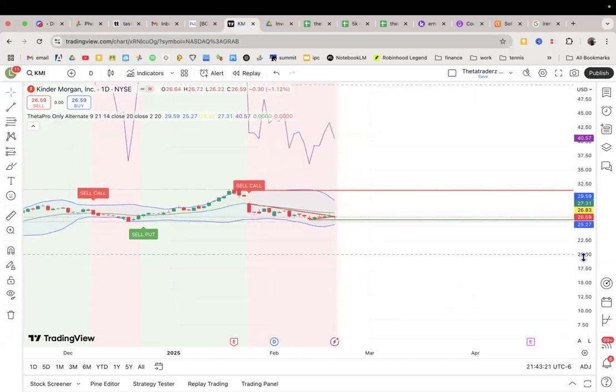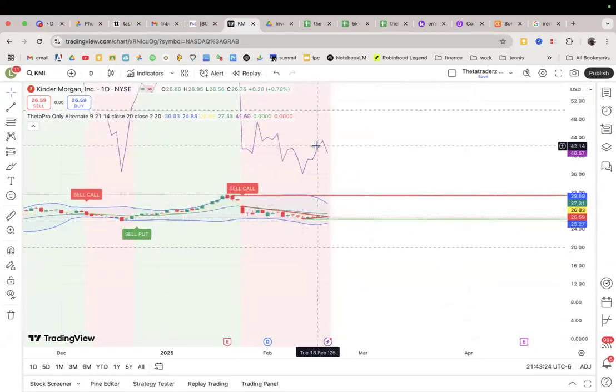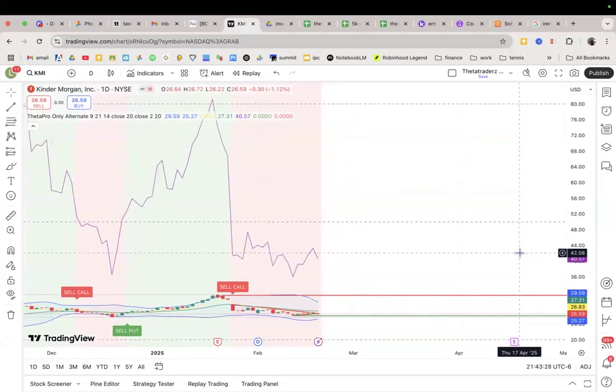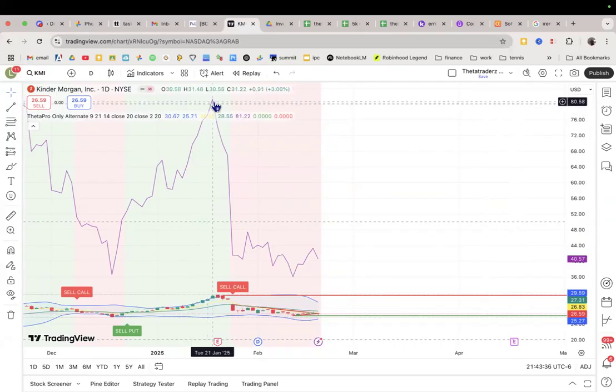And I'm looking at the RSI. This is the purple line. If you're around 20 or lower, you're oversold, and there's a good chance it can recover and bounce back up. If you're around 80, like right here, we're overbought, and that probably means that it might drop down.